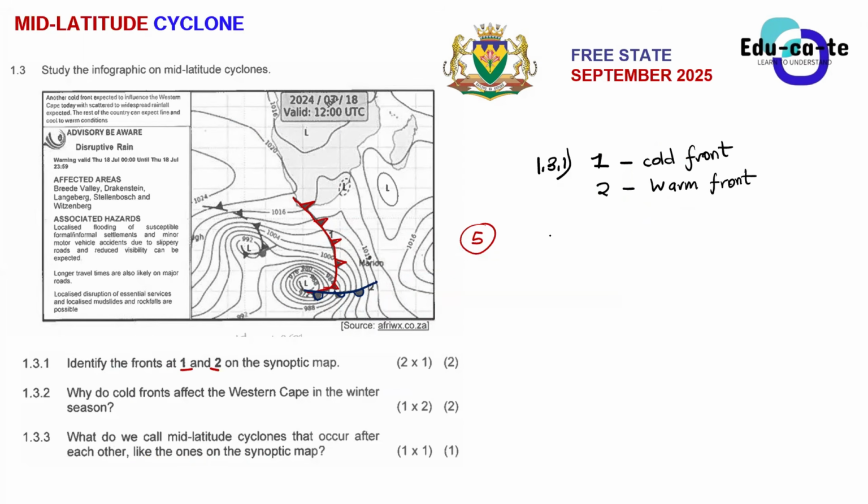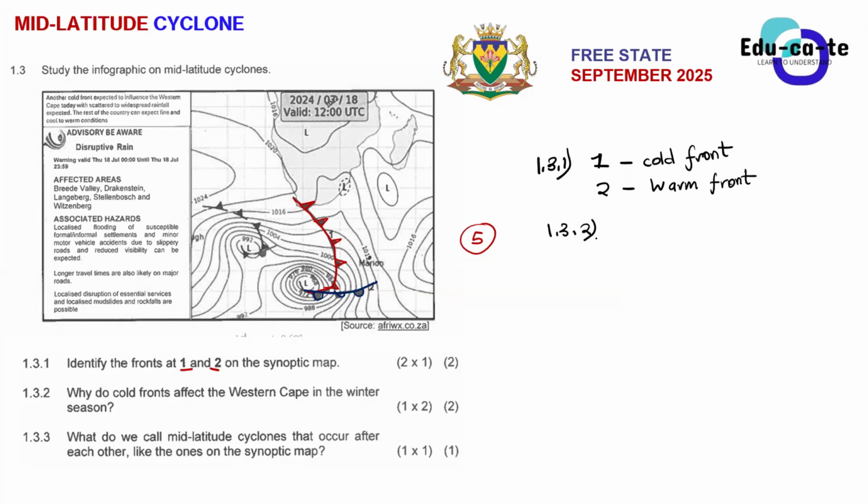Now 1.3.2 asks us, why do cold fronts affect the Western Cape in the winter season? This one, I gave it as a research task for you, because I told you that a cold front only affects South Africa during winter season.